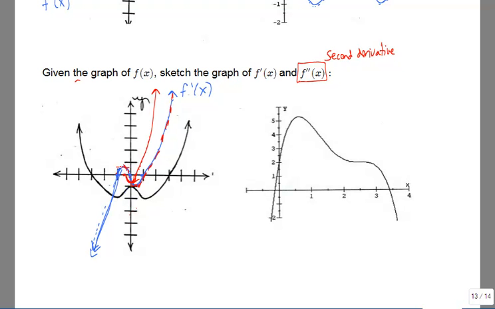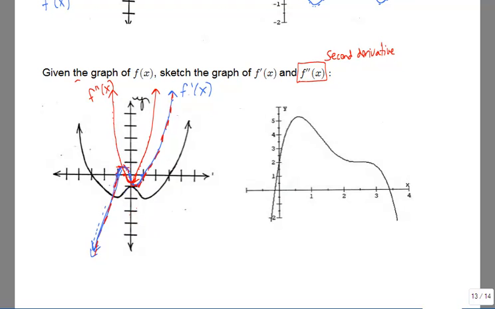On the other side, I have that 0 slope, and then this very next tangent line would have a positive slope because it's rising up, and then these are getting steeper in the positive direction. So this graph in red is what we call the second derivative.